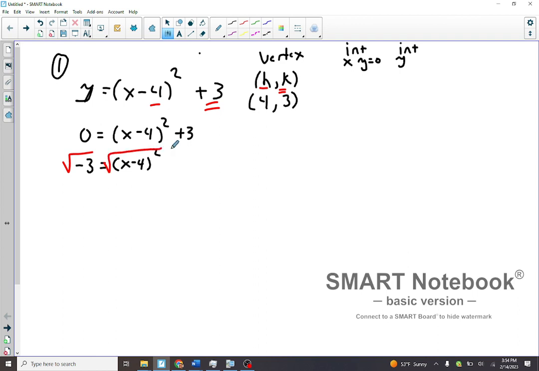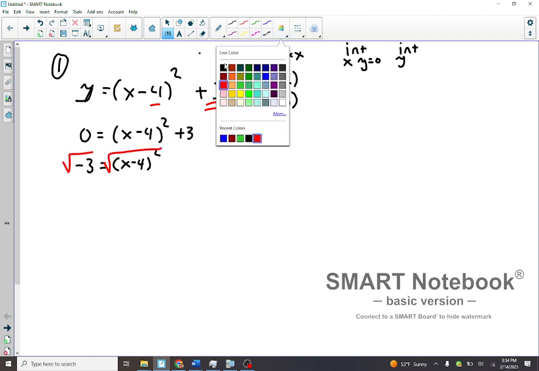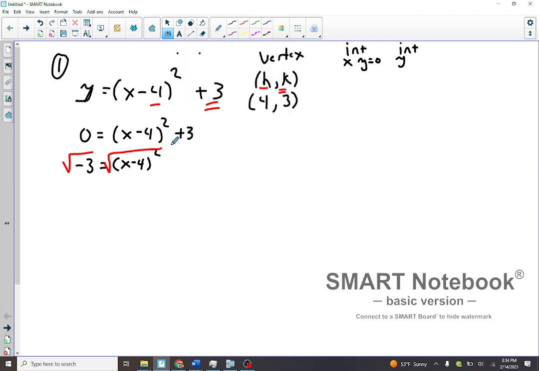Plus or minus, and what else is the problem? It is negative 3. So in terms of x-intercepts, it has no x-intercept. So this one will be none in this case. If you square root a negative, it's no real intercepts, I should say.